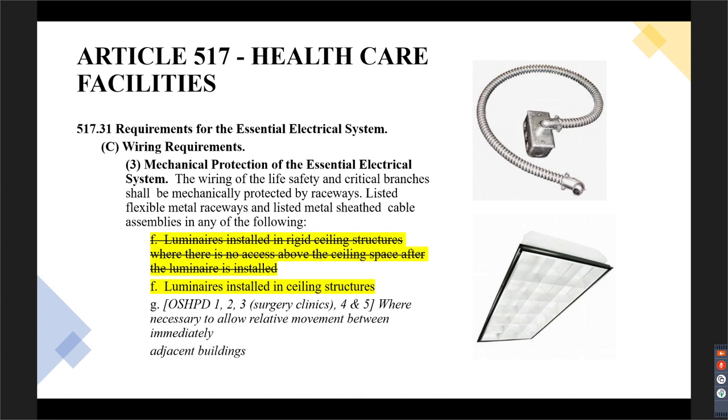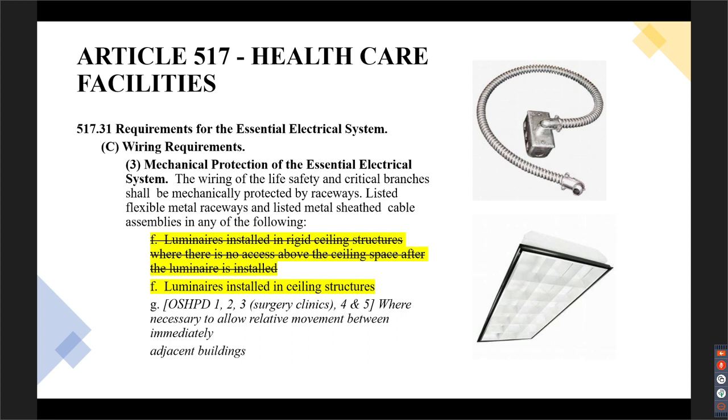Some of those were that feed vibrating equipment, that feed modular furniture. But what we'll see is last code cycle, they added in F, which said luminaires installed in rigid structures where there's no access above the ceiling space after the luminaire is installed, that it would be acceptable to use flexible cable. Now they revised that and opened it up and said luminaires installed in ceiling structures.